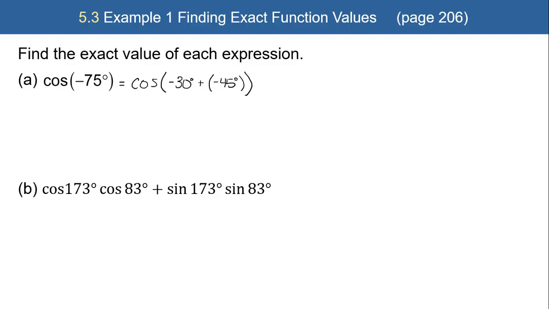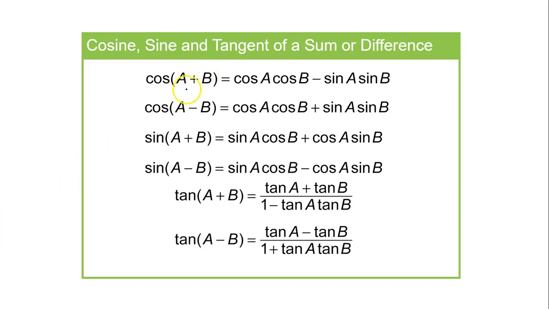So now here we have two angles that are being added together. Let me go to the previous page. And when we add angles together, this is the identity that we are going to follow. So I'm going to write that down on the next page.